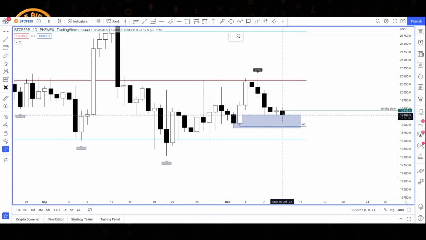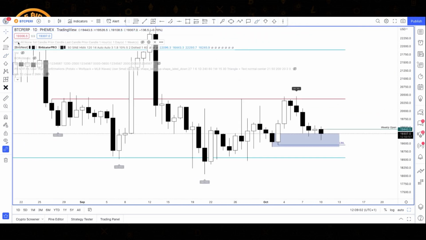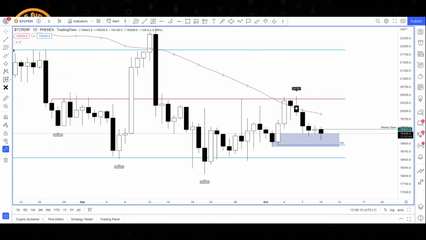So what would make me feel bullish about this? And we would need to dive down onto the lower time frame, but you would want to see a move back above the weekly open, all right? Now, before we go on to that and look at possible setups, let's take a quick look at our 50 period moving average here.